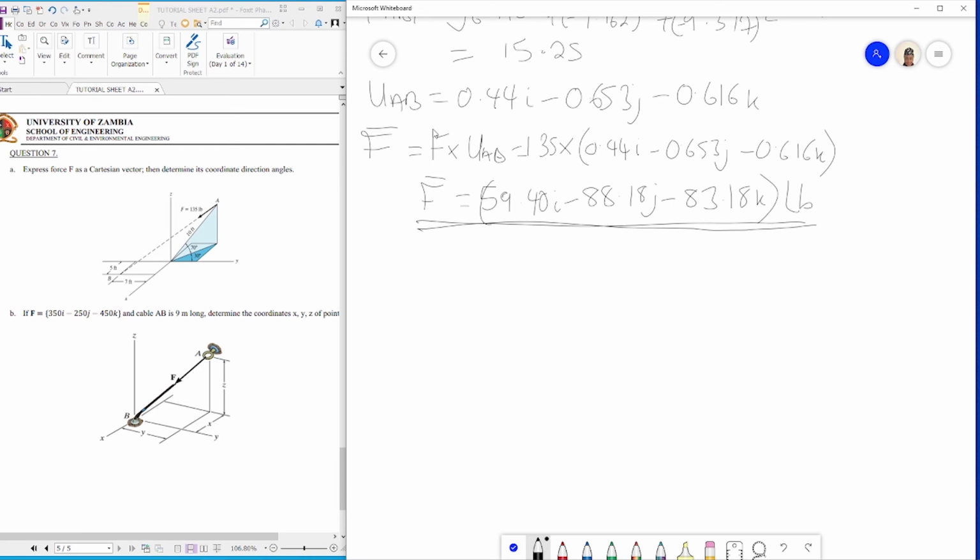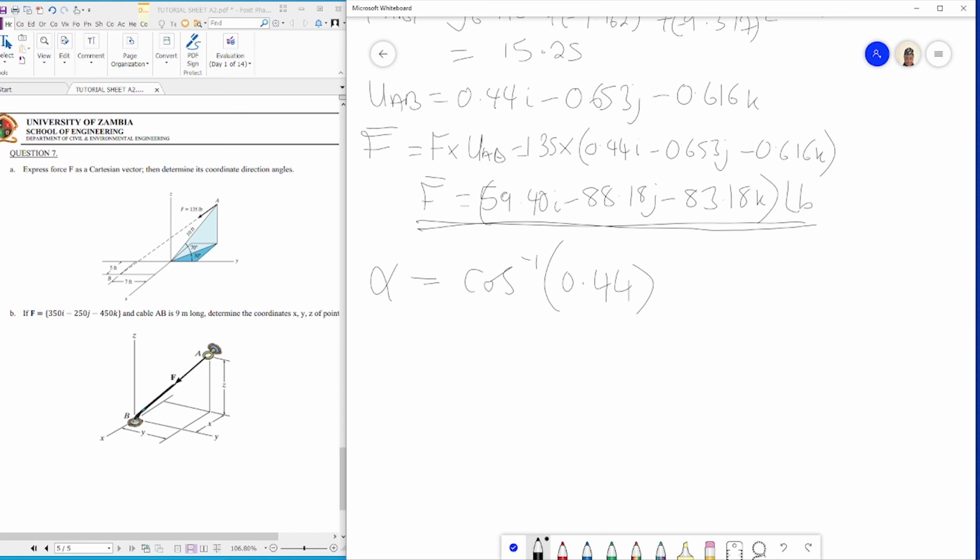I already have a unit vector in that direction. Its magnitude is 1, so alpha is equal to the cos inverse of 0.44, because that's the unit vector.